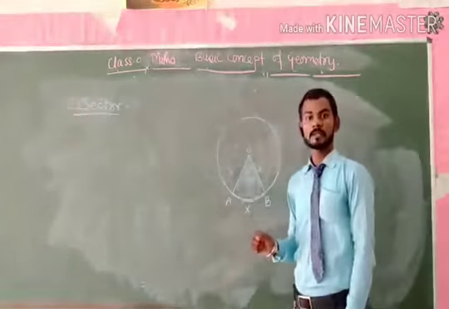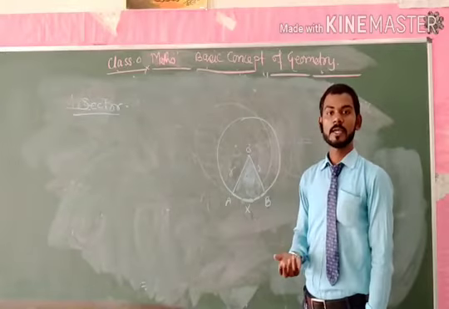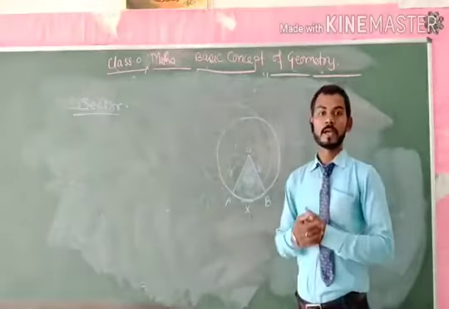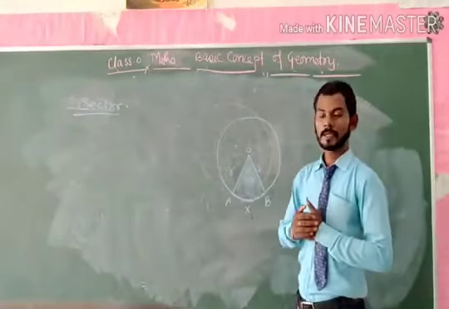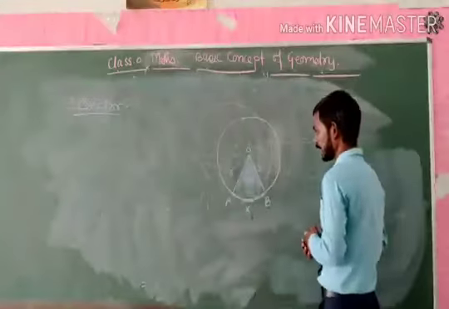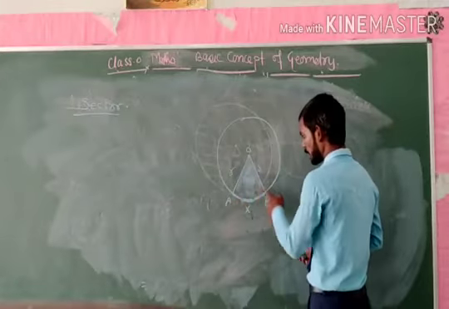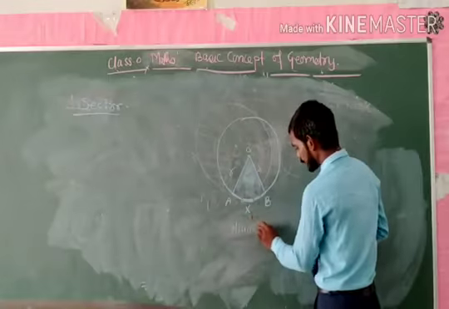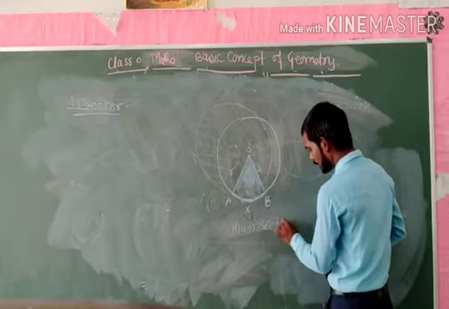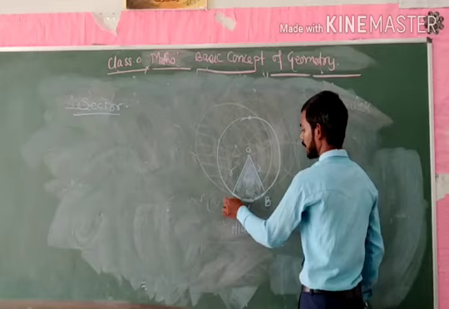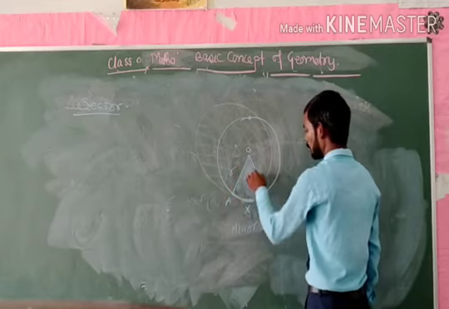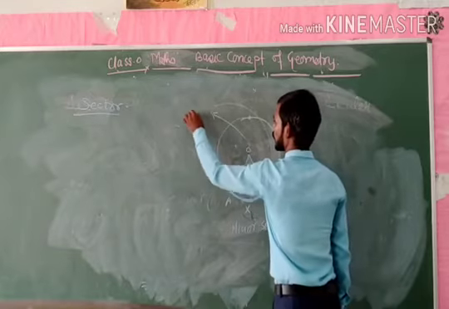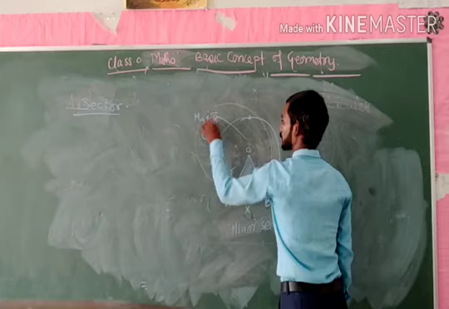Here we can also define the major sector and the minor sector, as we have defined major arc and minor arc. So we can say that AOBX is the minor sector, and AOBY is the major sector.